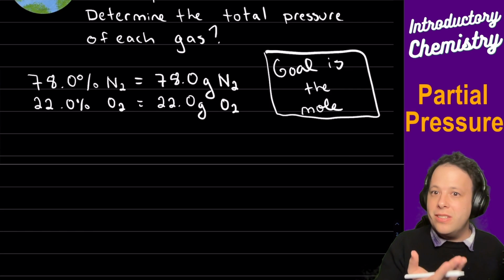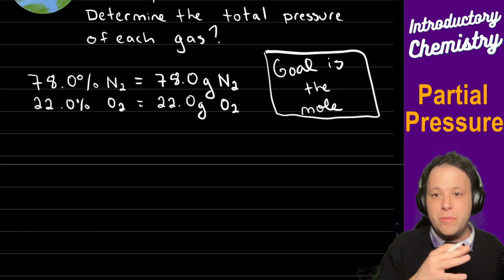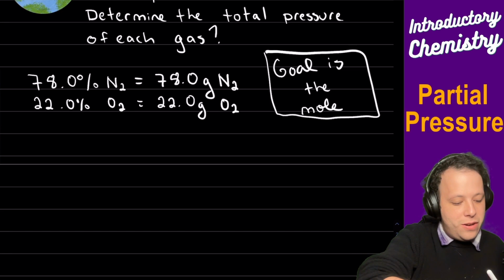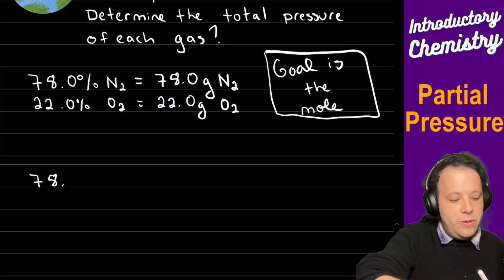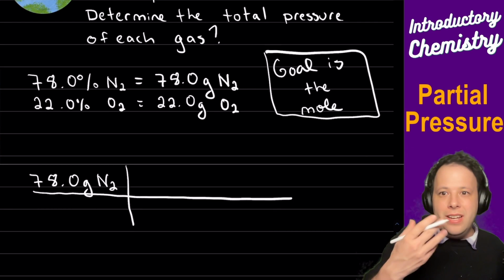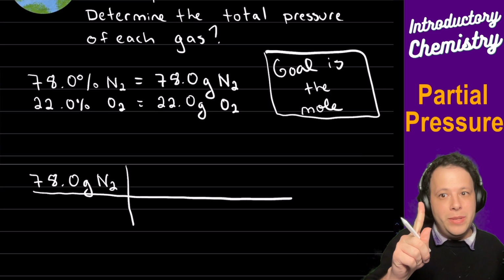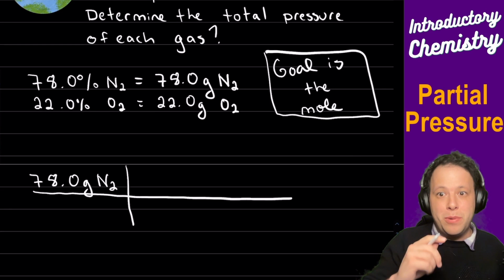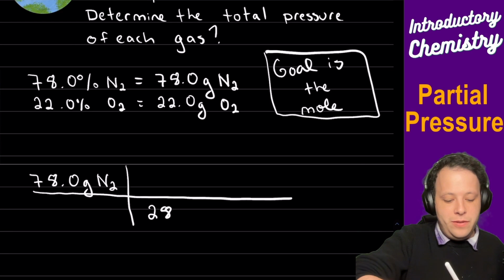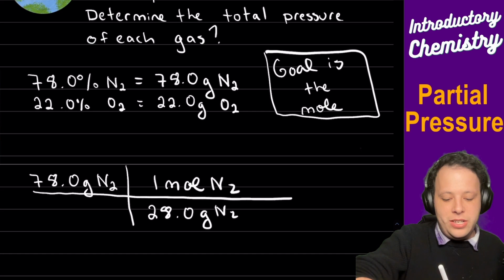What we have to do is look up our molar mass using our periodic table for both nitrogen gas and oxygen gas. Let's first start with nitrogen. We have 78 grams of nitrogen. We're going to set up a T table for ourselves. If you look at your periodic table, you'll see one nitrogen atom is 14 grams per mole. We have two of them because it's diatomic, so it's a total of 28 grams of nitrogen for every 1 mole of nitrogen.